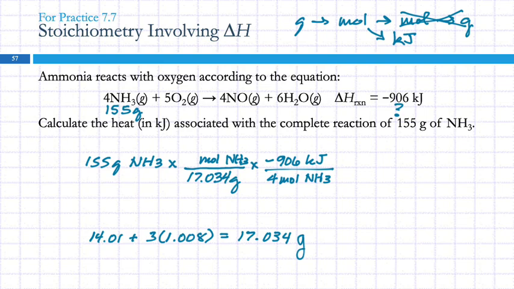Now, something that I do a lot, a mistake I make a lot, is I forget the 4 down there. So 155 times the top, divide by the bottom, times the top, divide by the 4. It's just kind of hiding down there.